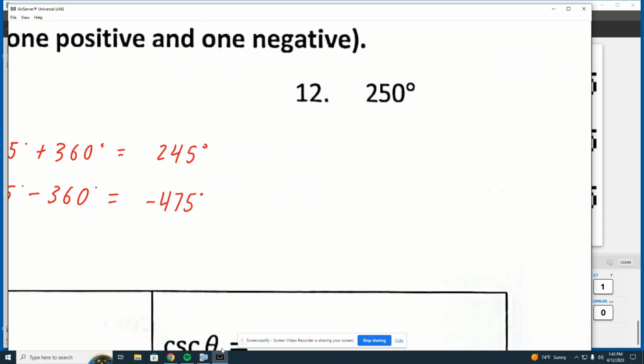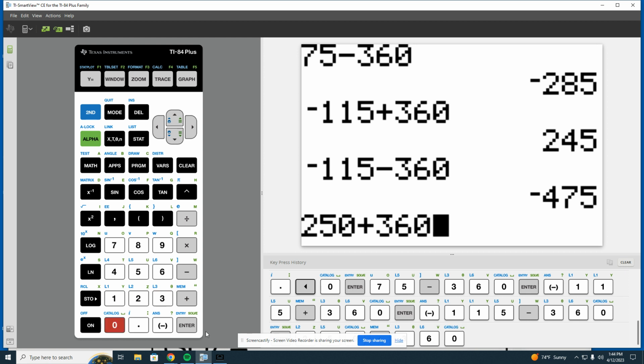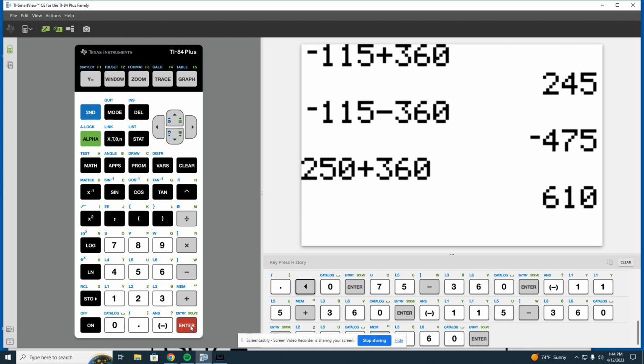And the last one, 250, is positive, so we need one more positive one. So we'll add 360. And we'll need a negative one, so we're going to subtract 360 as well. Same thing on all of these problems. So 250 plus 360 gives me a coterminal angle at 610 degrees.